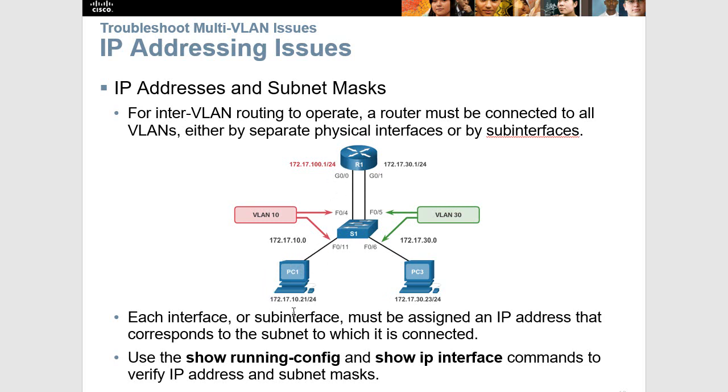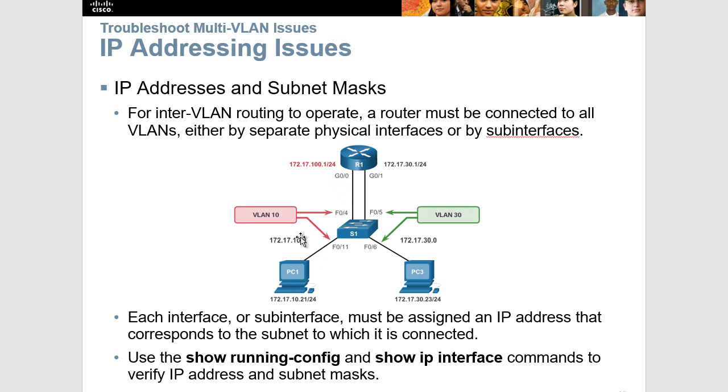You can see the IP address of the PC down here is correct. It's in that 10.0 range. But your subinterface on the router up here, or even just the interface, it doesn't look like a subinterface, is in the 100.1 range. So that's creating a conflict.